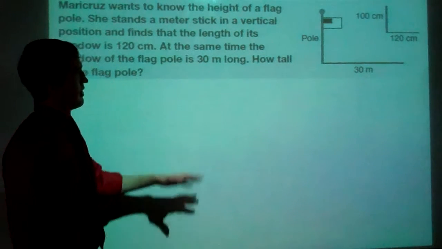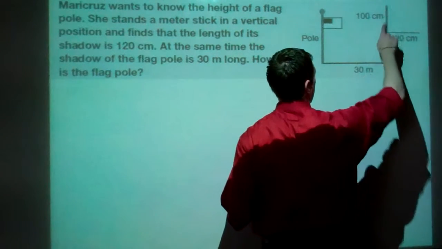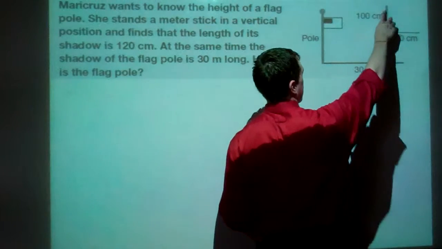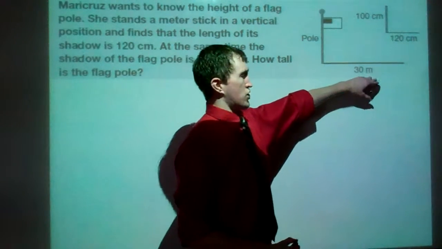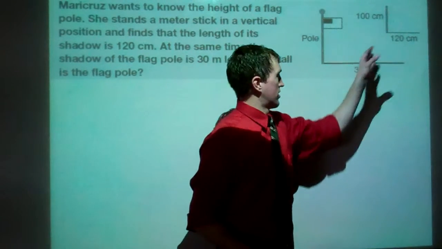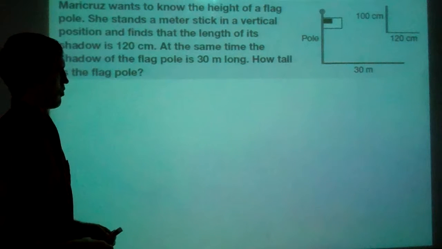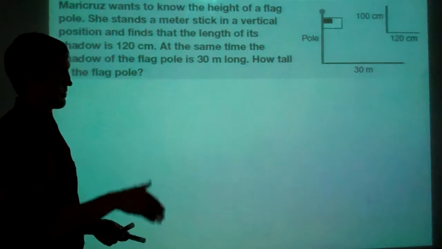So for instance, the meter stick, which is 100 centimeters, 100 centimeters in a meter, has a shadow of 120 centimeters. The pole has a shadow of 30 meters. We can relate these two things because the shadow angle is the same for both things. The sun's coming down at them at the same time.